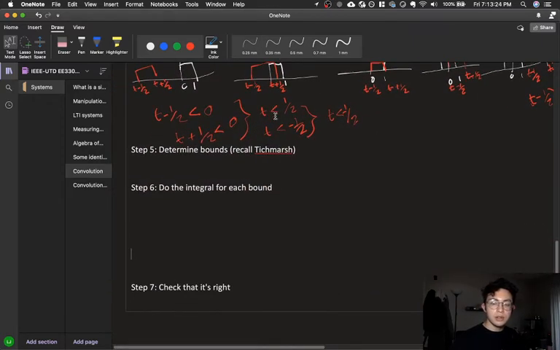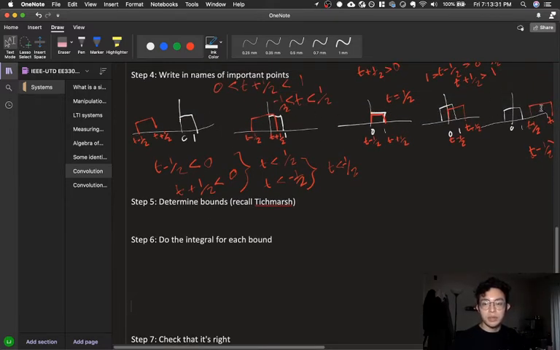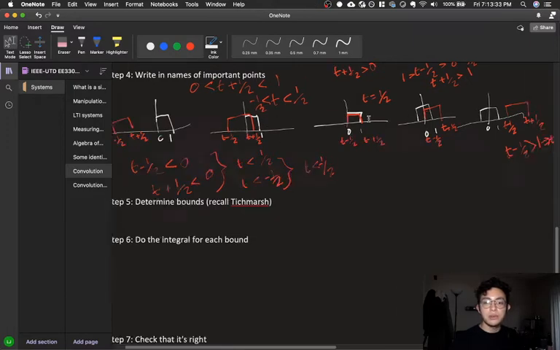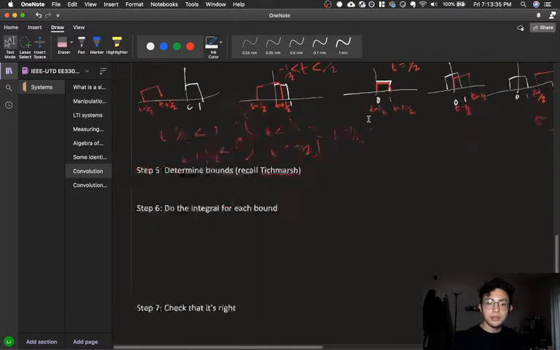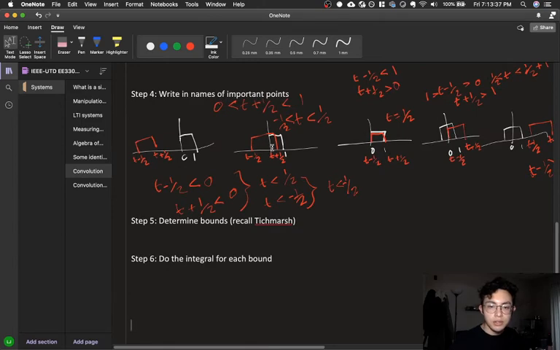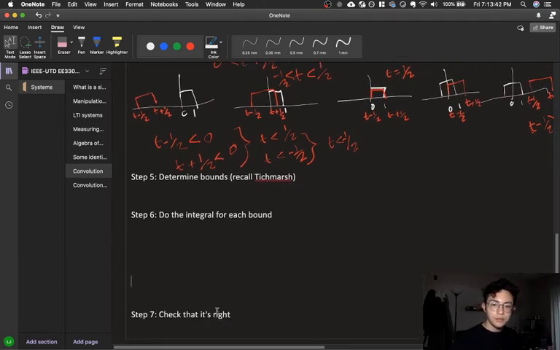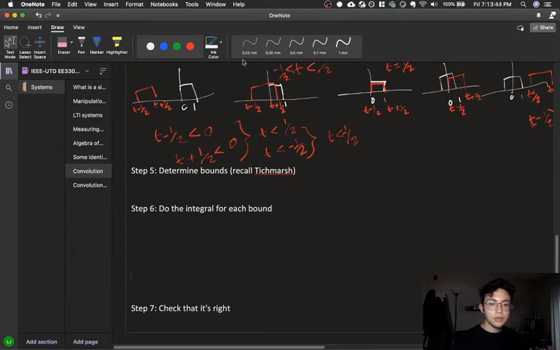So like we would have an integral of 1 times 1, 1 times 1, 1 times 1 from the bounds that we just defined, basically. So this starts at 0 and then ends at t plus 1/2. We need to take the bounds of the overlap.